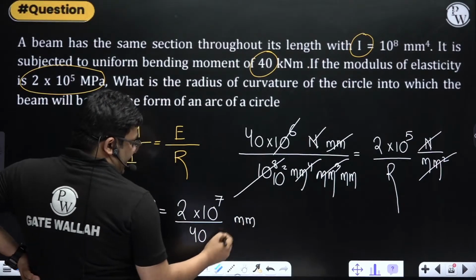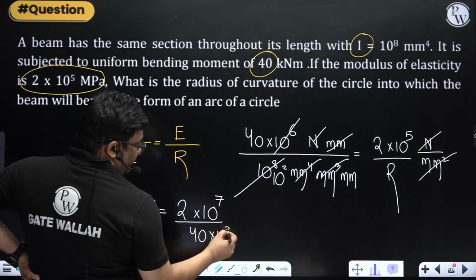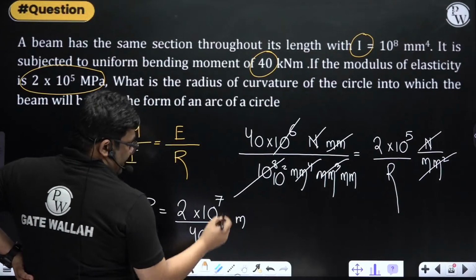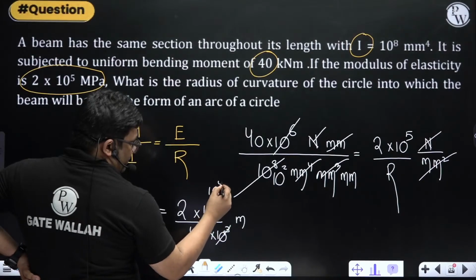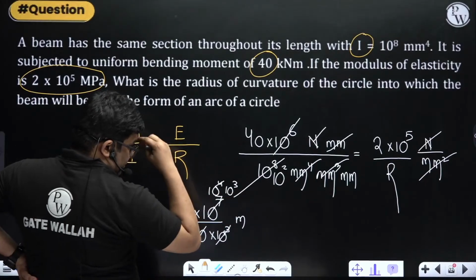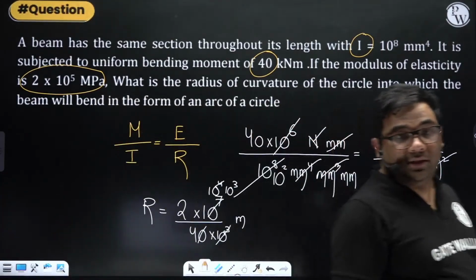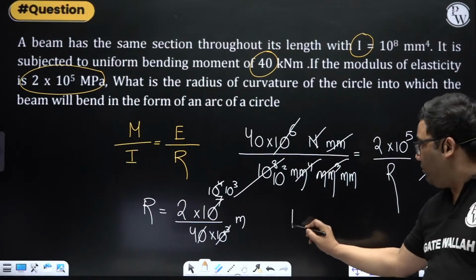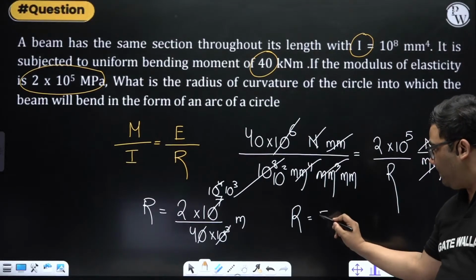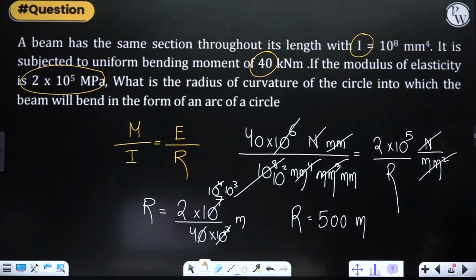If I want to find in meter, then I have to divide by 10 to the power 3. So R equals 500 meter.